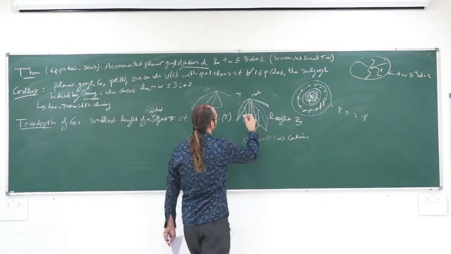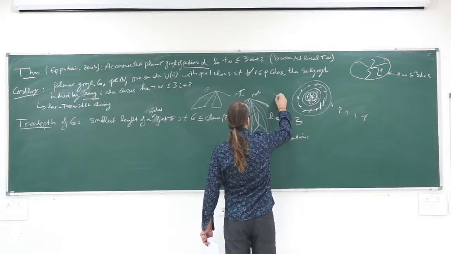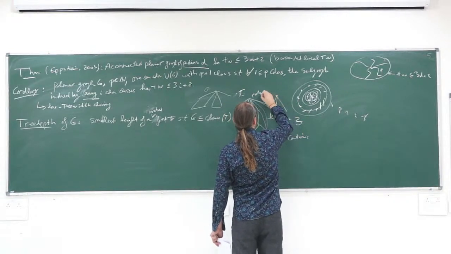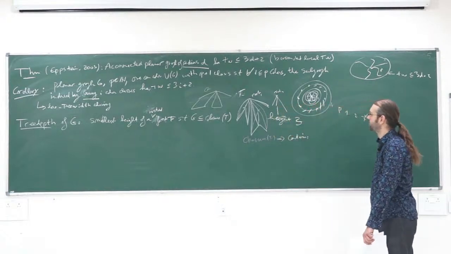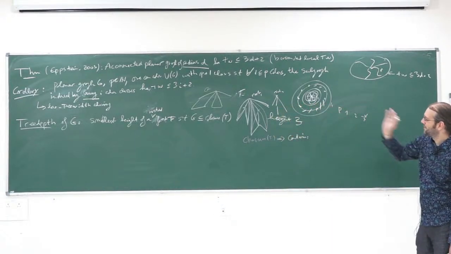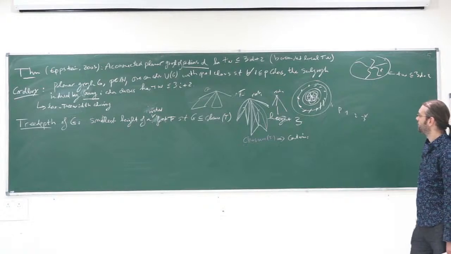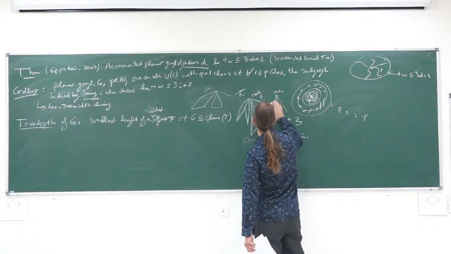A forest means that there could be several trees, each of them different. This is just to allow disconnected things. If it's connected, you take the definition I had before. So this is T1, T2.